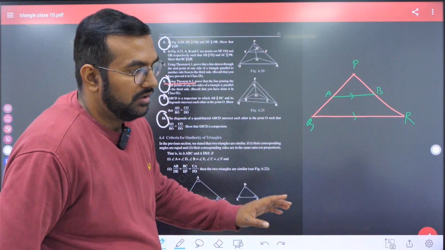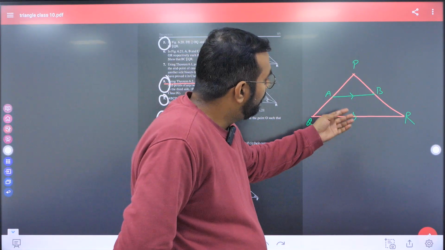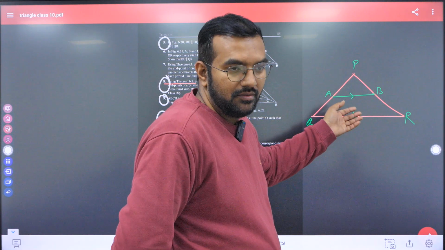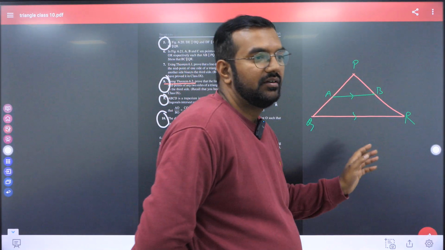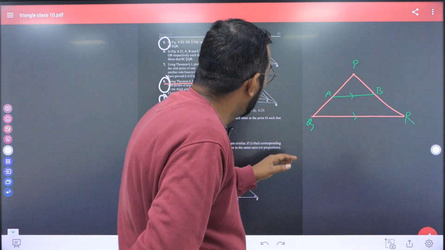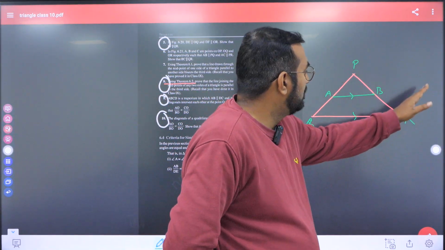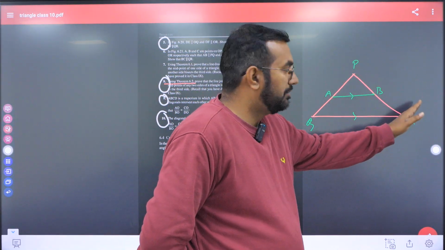But we have already proved it in class 9th. Yes, but there we proved it by constructing or making this a parallelogram.